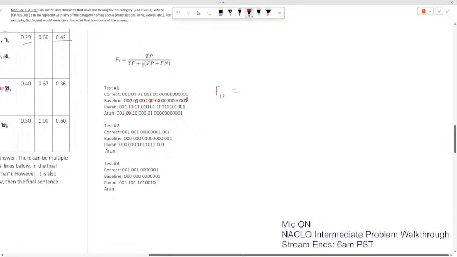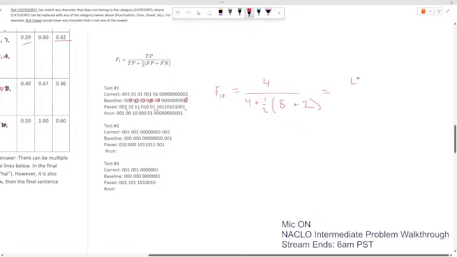So Pavan has 1, 2, 3, 4 true positives over 4 true positives plus 1/2 times how many false positives? 1, 2, 3, 4, 5, 6, 7, 8. 8 false positives plus 1, 2 false negatives.